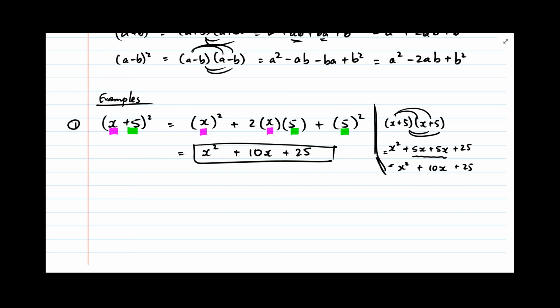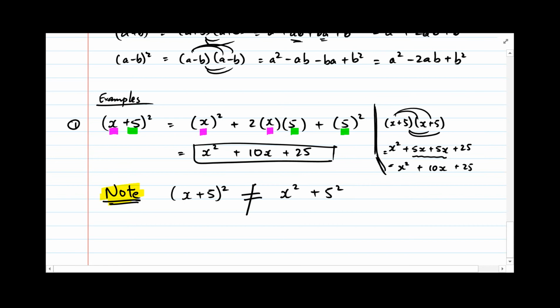What I want you to notice, and big note, I can't highlight this enough: whenever I have, say, x plus 5 all squared, this is not equal to x squared plus 5 squared. There's always a middle term.